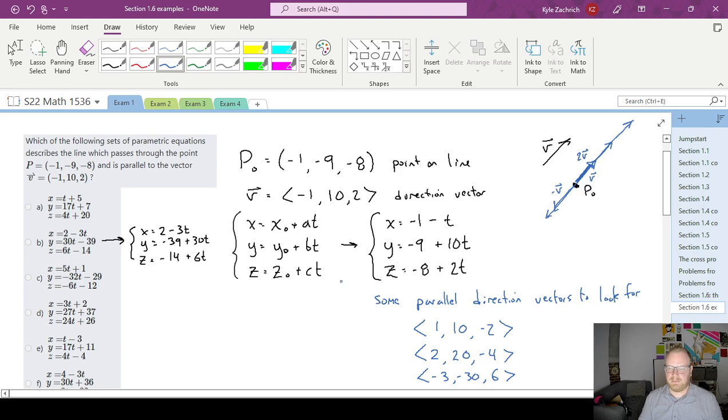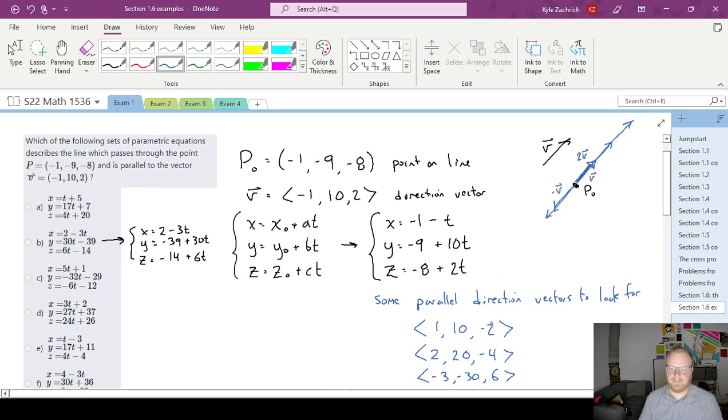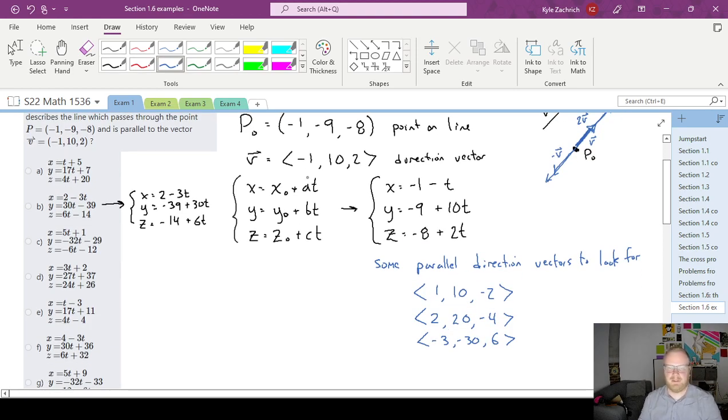Oh, what did I do wrong here? Oh, I guess that's fine. Sorry, negative 1, 10, 2. Oh, I see what I messed up here. Sorry. So this should be positive 1, negative 10, negative 2, positive 2, negative, negative, or this would be positive.